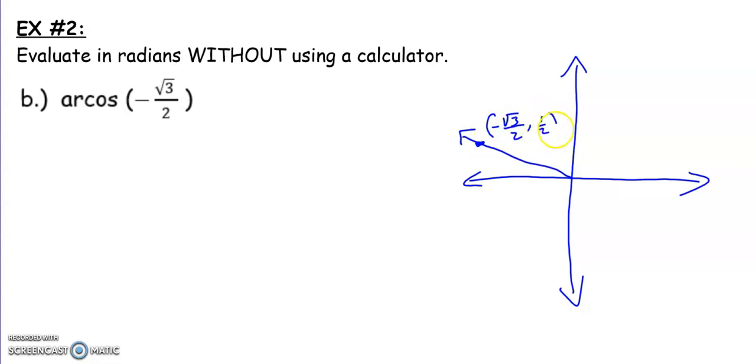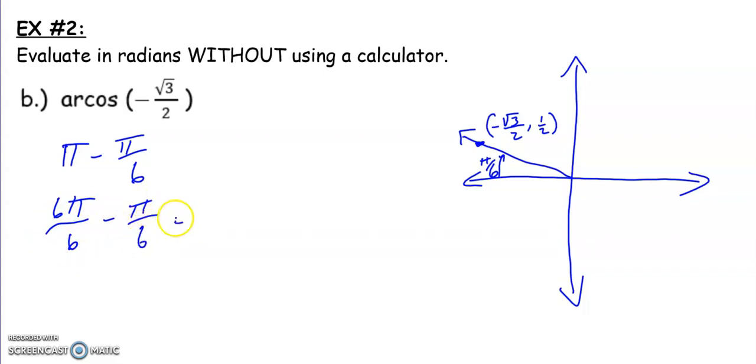Well, this gives me a reference angle of pi over 6. So I am going to do pi minus pi over 6. So 6 pi over 6, rewriting it with a common denominator, minus pi over 6. That gives me an answer of 5 pi over 6.